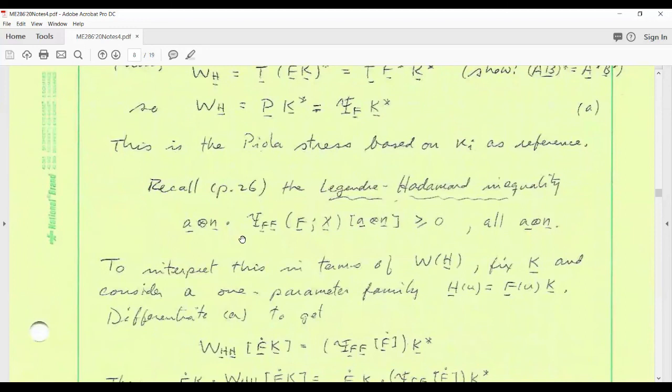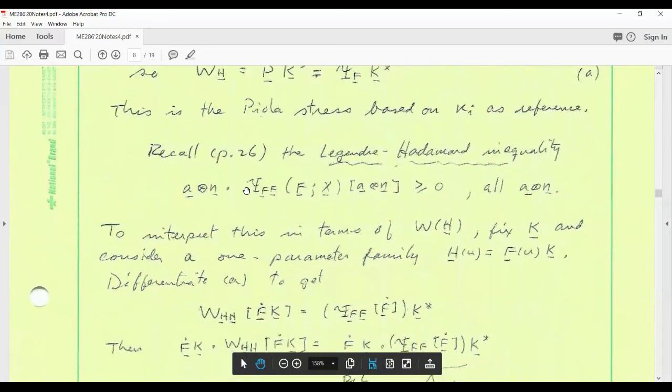When we do that, we get a derivative with respect to u, I'll call it a dot derivative. W_H dot would be, by the chain rule, d squared W dH squared operating on H dot. H dot would be F dot K from this because we're fixing K.